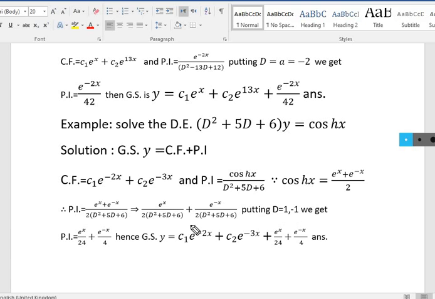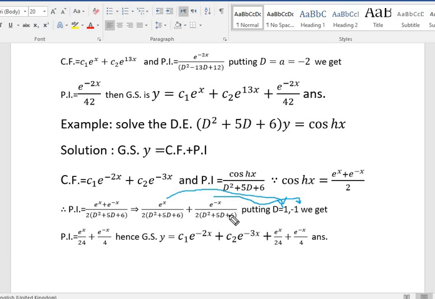Now in the first case d is equal to a, which is 1, and in the second case d is equal to minus 1. Replacing that, e power x divided by 1 plus 5 plus 6, simplify, we get 24.